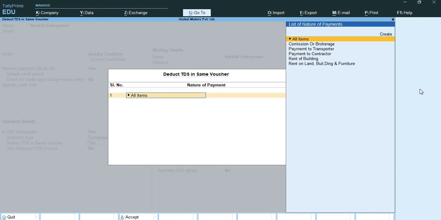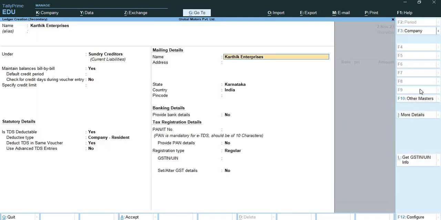And here the nature of payment will be payment to contractor. PAN details are ASD PW1234D.